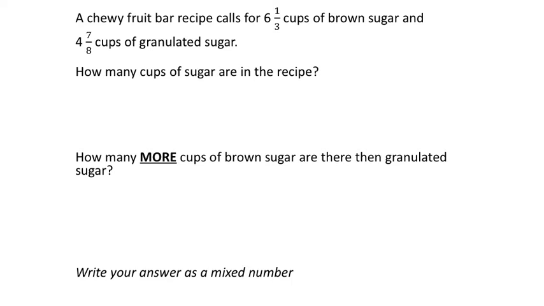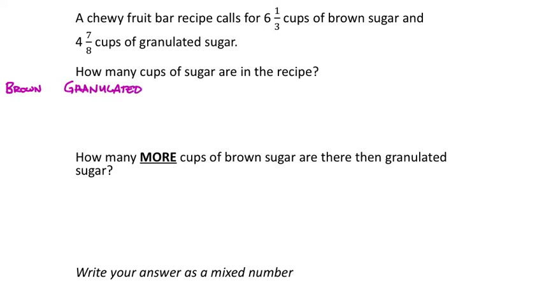So, how many cups of sugar in the recipe? Well, we'll look at both types of sugar. I'll start with the brown sugar, and then we'll add that to the granulated sugar. That will give us a total amount of sugar in the recipe.